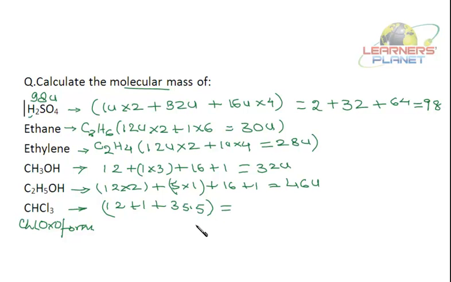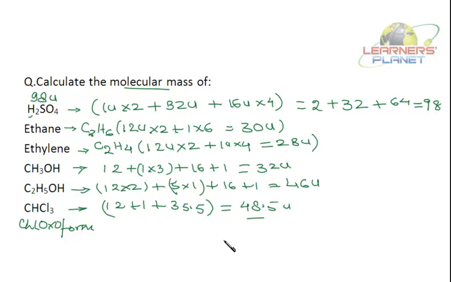Just take it out. 12 plus 1, 13. 13 plus 35.5, so it will be 48.5 units. So the mass of chloroform is 48.5 units.